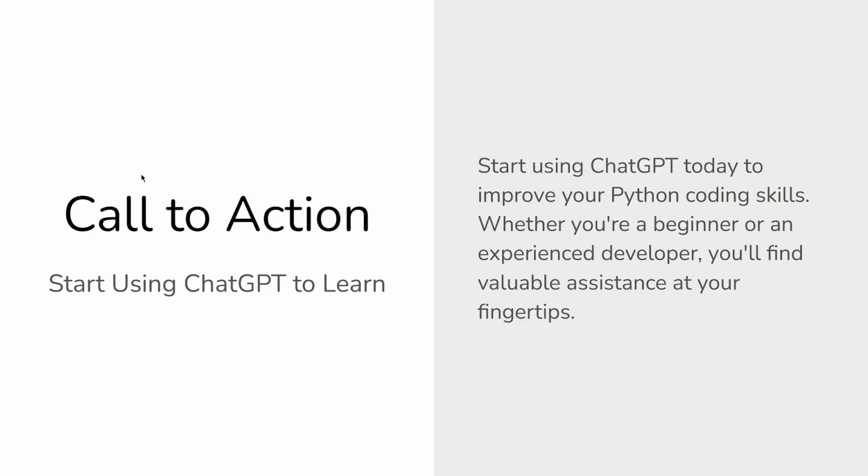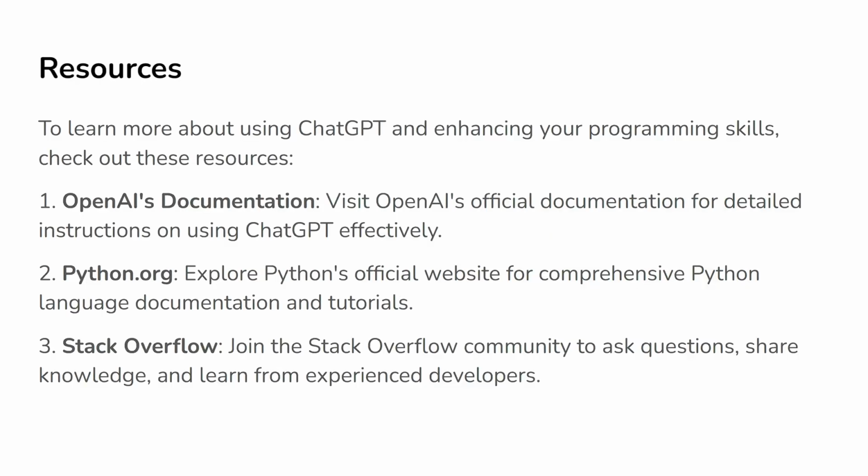Now, it's your call to action. Start using ChatGPT today to improve your Python skills. It doesn't matter if you're a beginner or if you have 5, 10 years of experience. There are ways you can find ChatGPT valuable at your fingertips. And here are some more resources that you can use to enhance your skills. Check out the OpenAI documentation for more about ChatGPT, Python, obviously for Python, and Stack Overflow for just general programming questions.